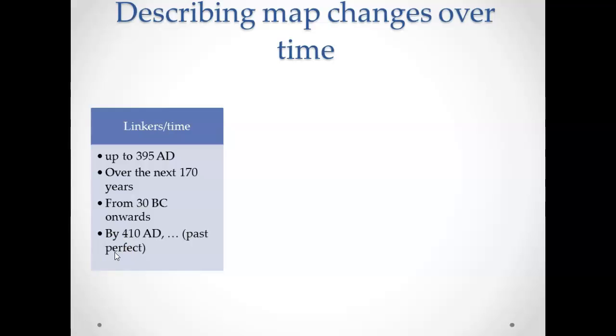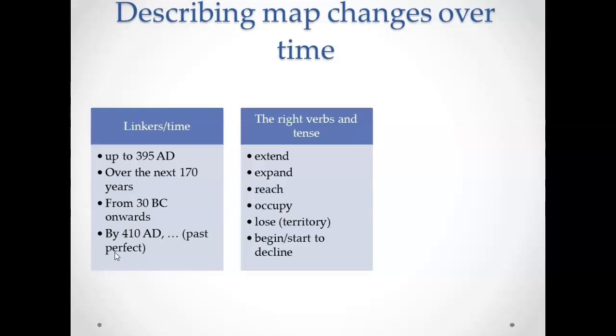Another language feature you must show is the right verbs and the right tense. Here is a list of verbs that you might want to use for this particular task. Do you know these verbs? And can you use them in past simple and past perfect as well?